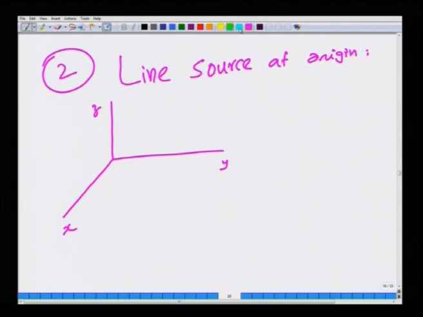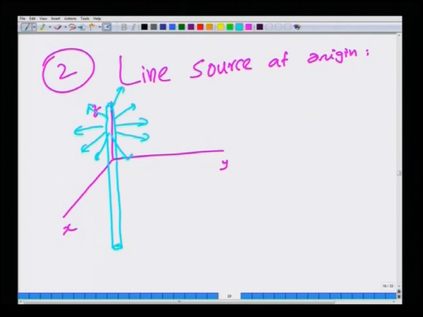Imagine that along the z axis you have a very tiny, long tube from which fluid is flowing. Imagine that this tube is porous, so fluid is flowing radially out. There are a lot of holes in this tube. This is just a mental model to tell you what a line source could be. In reality, we will just abstract it to a mathematical idiom.